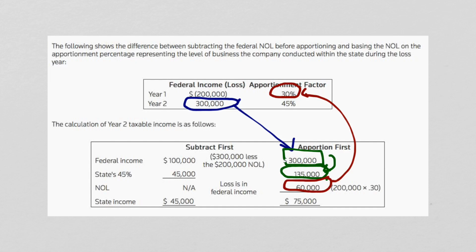The apportionment factor was only 30%, and thus the NOL allowed in the state, this is the federal net operating loss carry forward applied at the apportionment rate under this state, is, as you can see, only 60,000 because it's going back and using the apportionment factor found here, the year that the operating loss occurred.